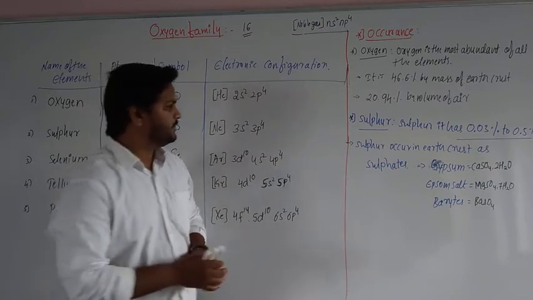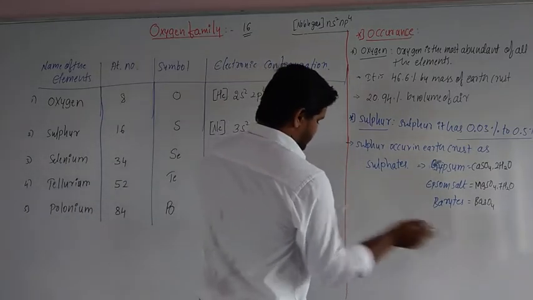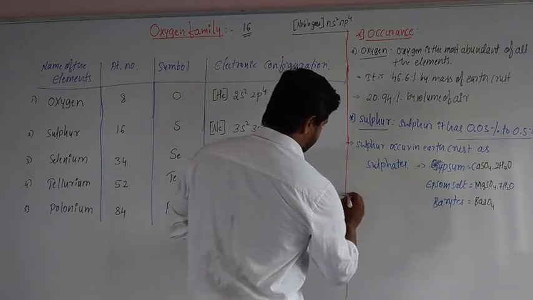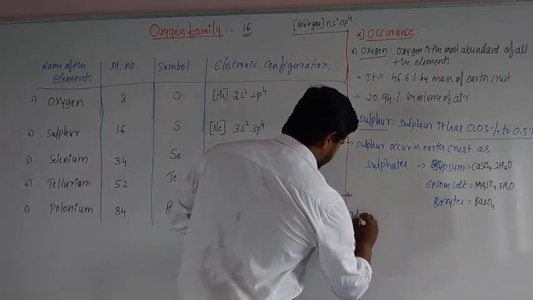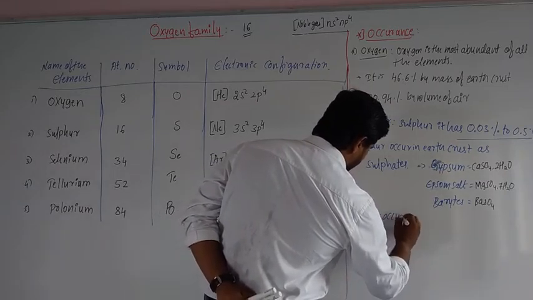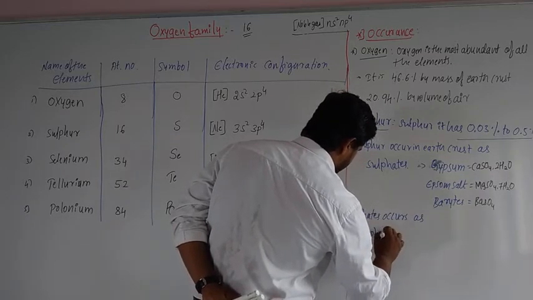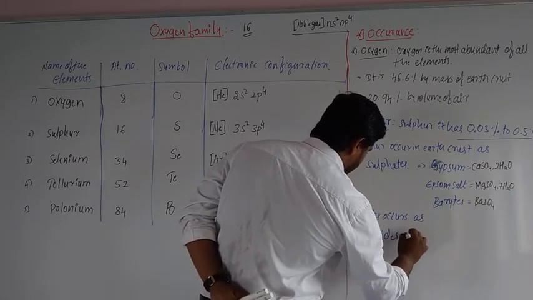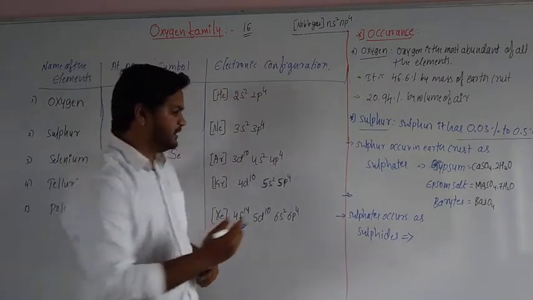And one more, sulfur occurs in the earth crust as sulfides, like lead sulfide or what we call zinc blend.